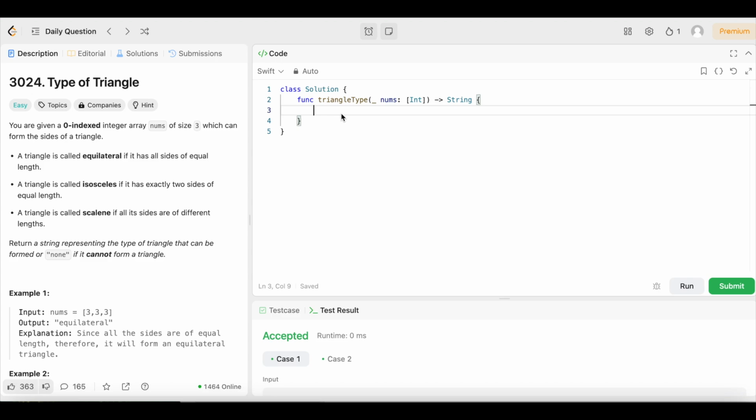That's going to help us make the side length comparisons easier. So for that, we're going to say let nums equal nums.sorted() and put the parentheses at the end.